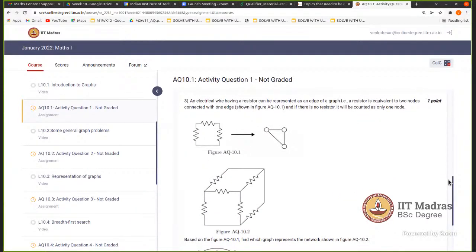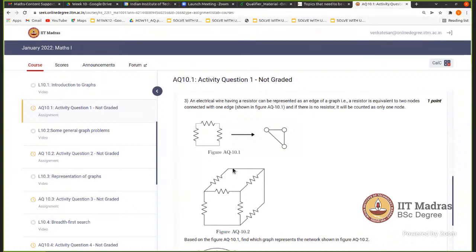And if there is no resistor, it will be considered as only one node. This is a long connection, but you can short it out. So between two resistors, there will be a node. Here also you see resistor, resistor, and a resistor.